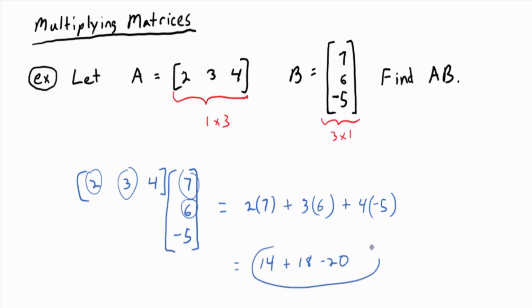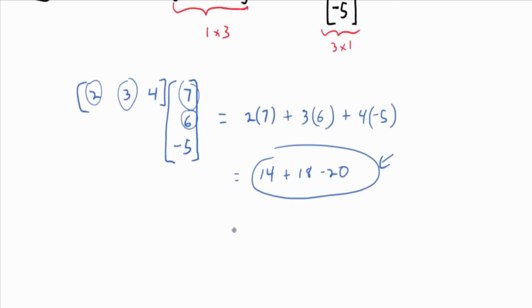I would need to see this. Otherwise, I don't know if you're doing it on the calculator or not. Not that anybody in here would possibly do that, right? Actually, if you don't know what to do, I recommend you do that. At least you'll get partial credit. But if you want full credit, you need to show me that step. Okay, anyway, what do those add together to be? I think it's going to be 12, isn't it? Yes. The easy way to do that in your mind is to go 18 minus 20 first, -2, plus 14. Okay?